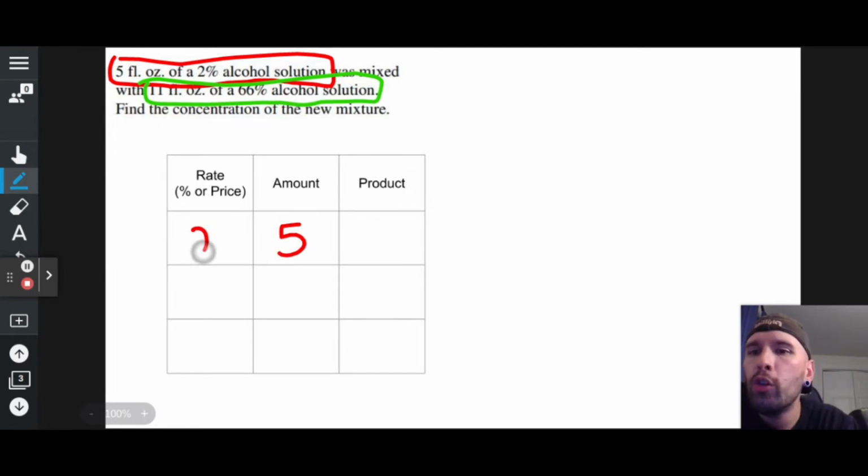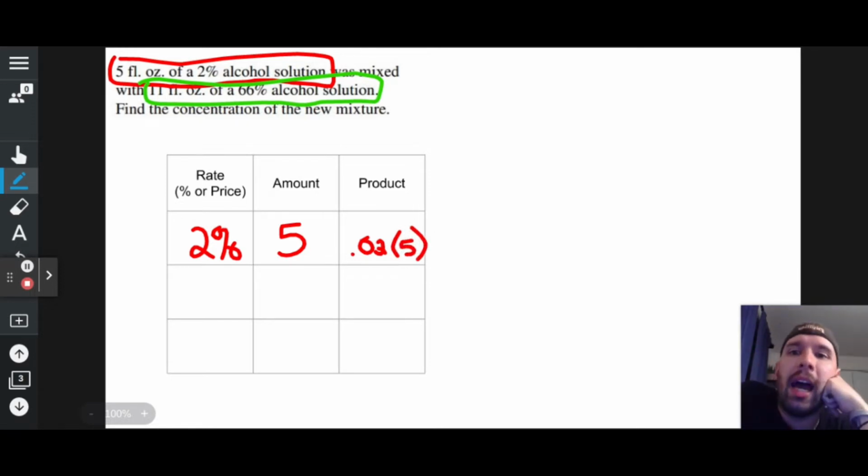I have 2% alcohol, and I have to find the product, so I have 0.02 times 5, because I multiplied those numbers together. That's mixture red.